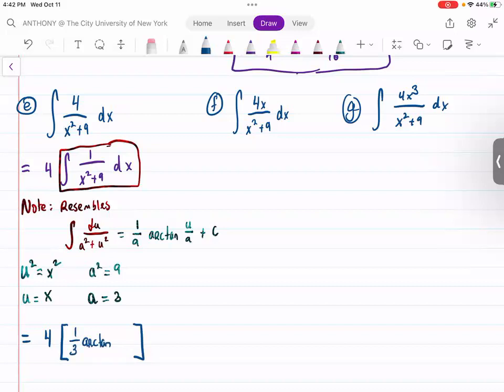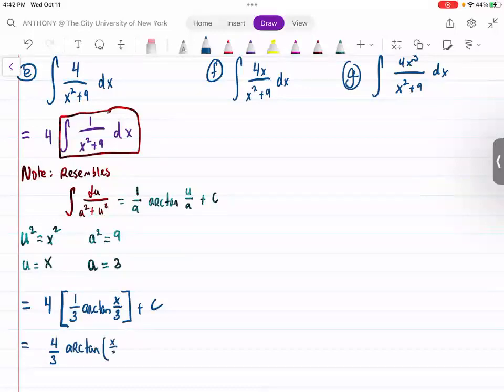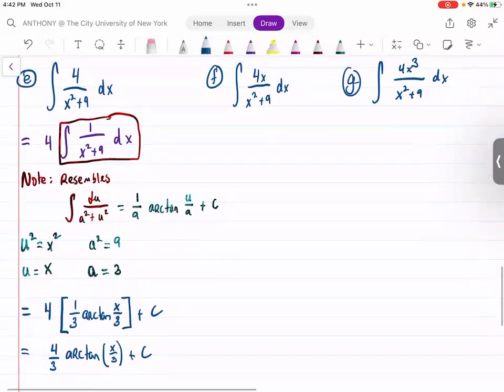My u is x, my a is 3, and then you say plus c at the end. If you want to clean this up, 4 times 1/3 is simply 4/3 arctan of x over 3 plus c. That would be the solution for part E.